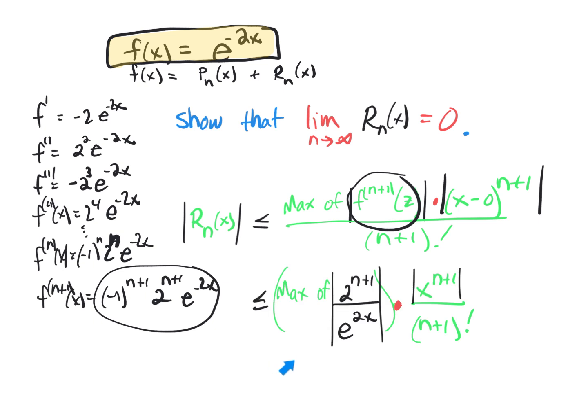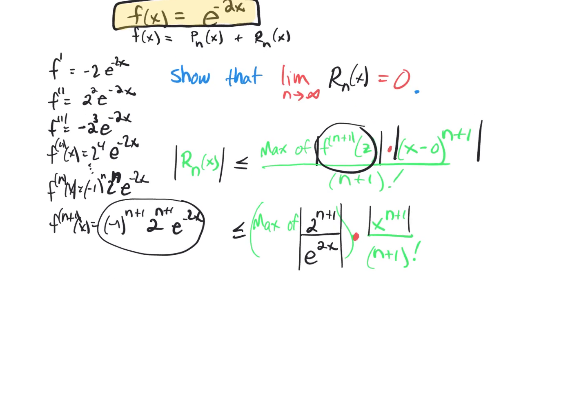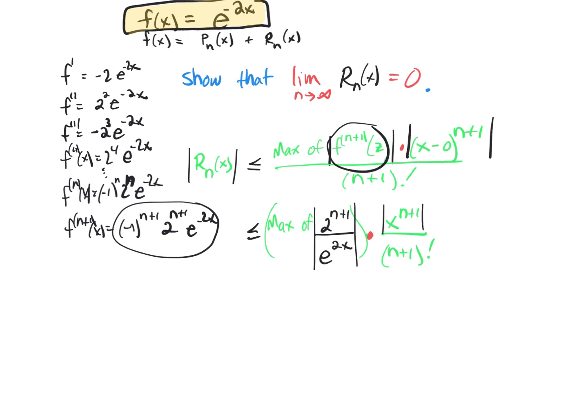All right, at this stage, remember, this is the maximum error. We want to know what that maximum error is as a limit as n approaches infinity. It's really important to remember here that we're talking about x being a fixed value.